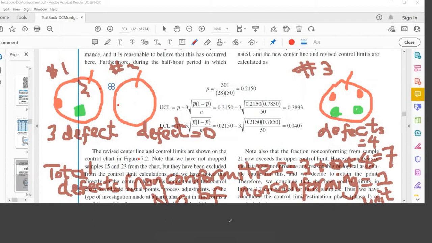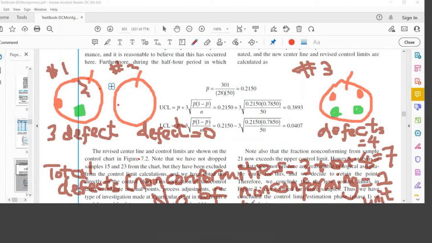So if you ask how many non-conformities, here got 3, you got 0, here got 4. If we ask how many defects, here 3 defects, 0 defects, 4 defects. If I ask how many defective, the number of defective units is the same as the number of non-conforming. So this terminology you must be clear on because it can give different meanings.